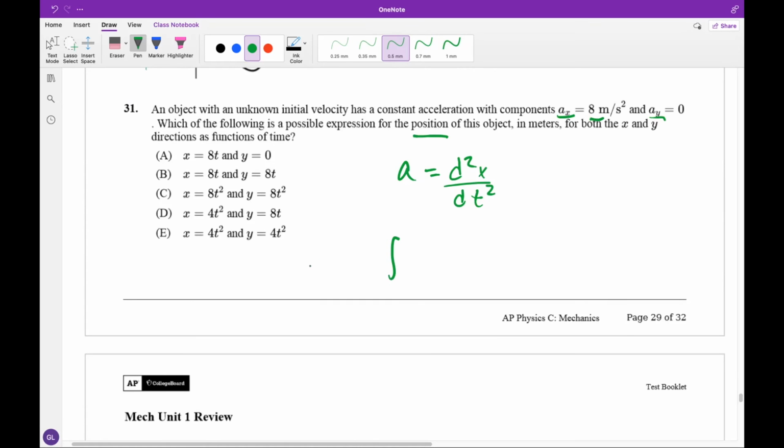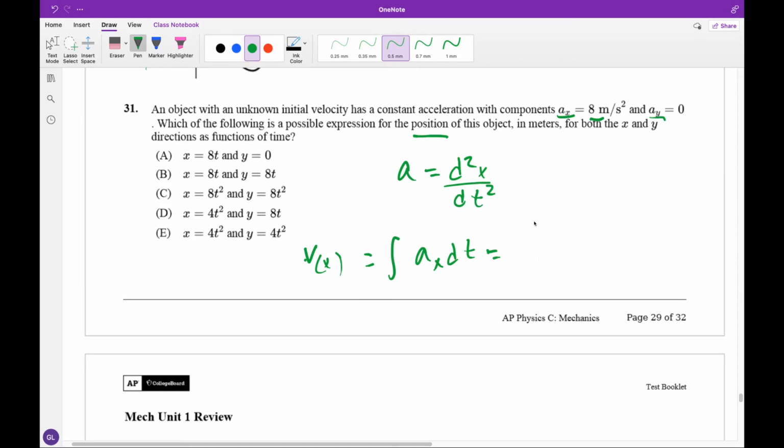So the velocity of X, when we first integrate it here, is going to be the integral of a_x dt, which is also equal to the integral of dv/dt. I'm not going to worry about this. This is just like math formality, but we already kind of said that's velocity.